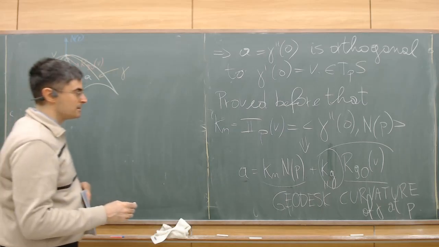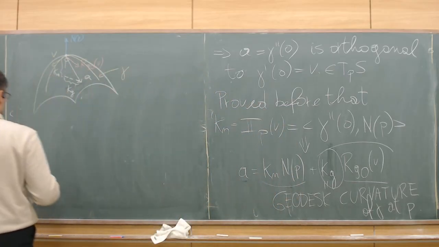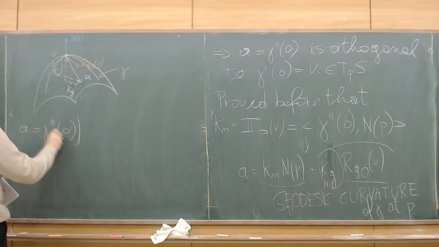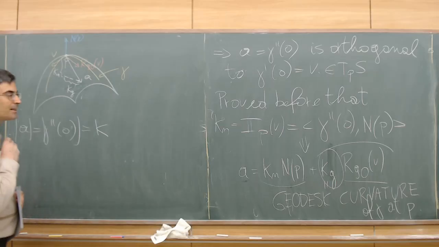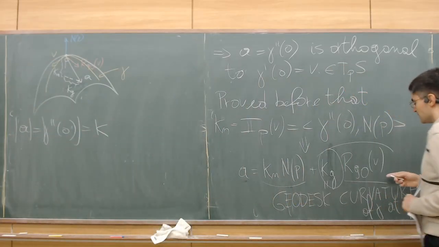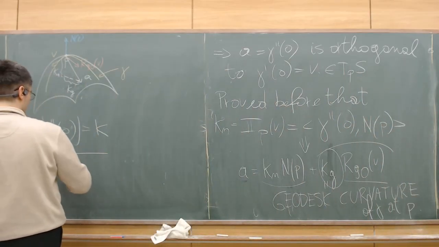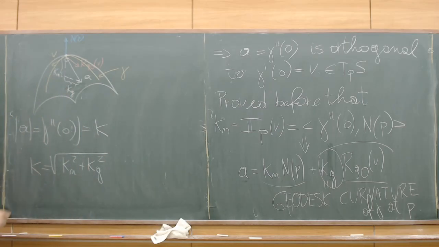Clearly, since the length of this vector is k in this case, if I take the length of this vector here, I get the square root of kn squared plus kg squared. So this is another formula you should memorize.